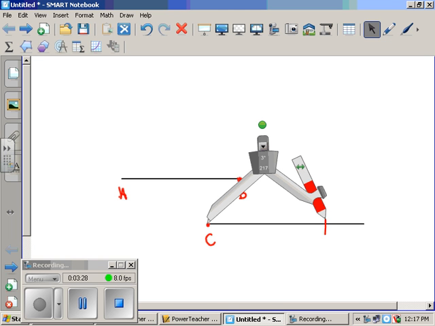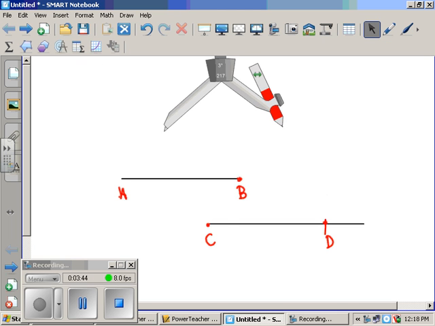And so basically, I've used my compass as like a measuring tool. I know that this arc is that wide, so I put my little mark there to show that should be the end of the segment, so that's D. So I've just constructed a congruent segment.